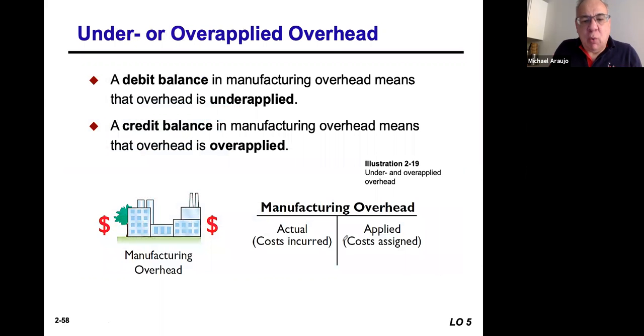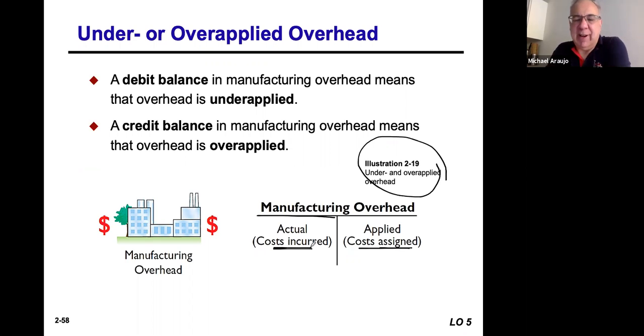Okay. Well, we basically compare, and I'm down here at illustration 219. We compare what was actually assigned to what actually happened. Okay. So when you compare what's actually been assigned, which happened early, compared to what we actually spent in manufacturing overhead, we're going to see that manufacturing overhead will have some type of balance left over.